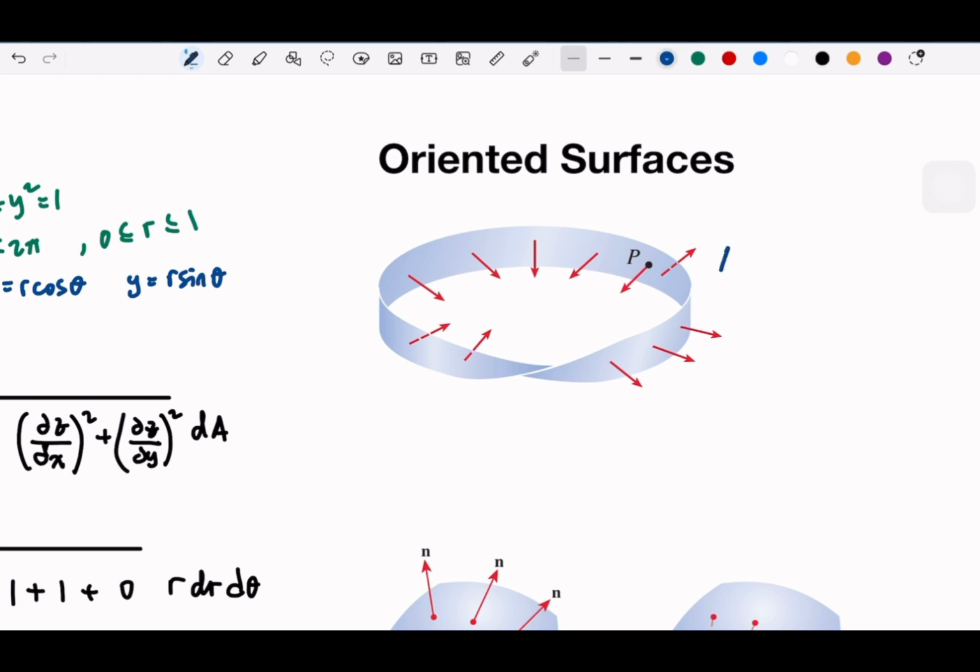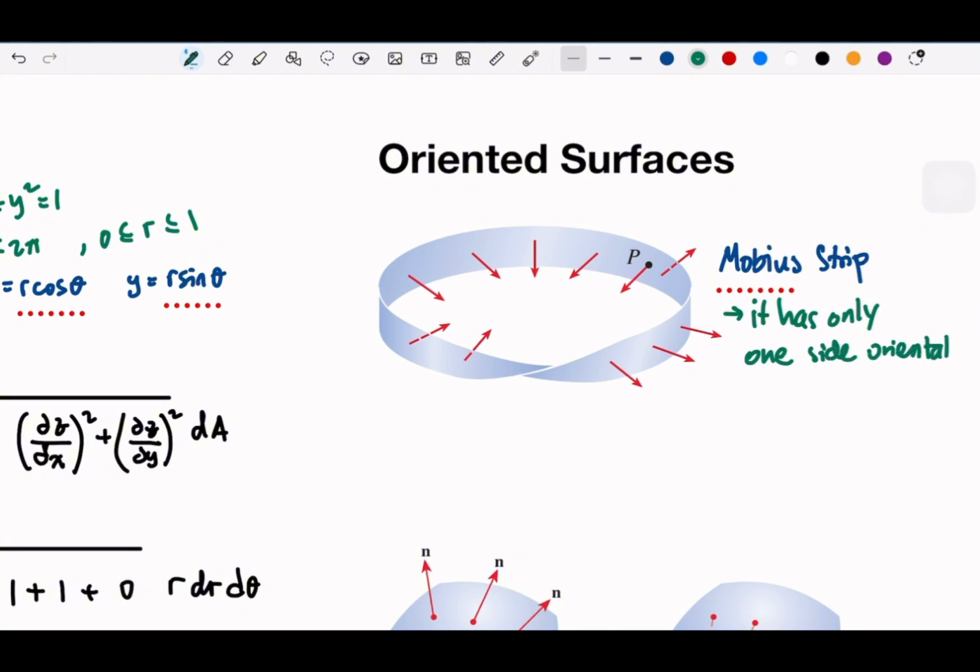So this is the Mobius strip. So what's the idea here? It has only one side, one side orientation.